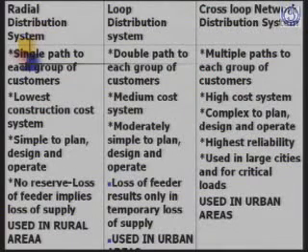The cost is medium. It is moderately simple to plan, design, and operate, and it is used in urban areas. In a cross-loop network distribution system, there are multiple paths to each group of customers. It's a high-cost system, complex to plan, design, and operate, with the highest reliability, used in large cities and for critical loads, and it is used in bigger cities and bigger urban agglomerates.